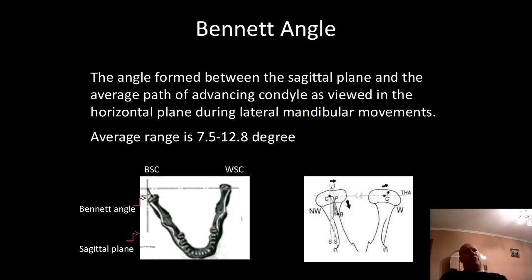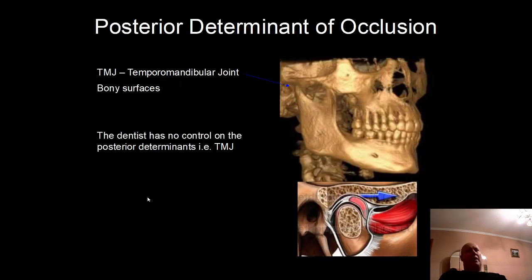This is the angle formed between the sagittal plane and the average path of advancing condyles as viewed in the horizontal plane during lateral mandibular movements. The average range is about 7.5 to 12.8 degrees. This is the Bennett angle, maximum Bennett angle.